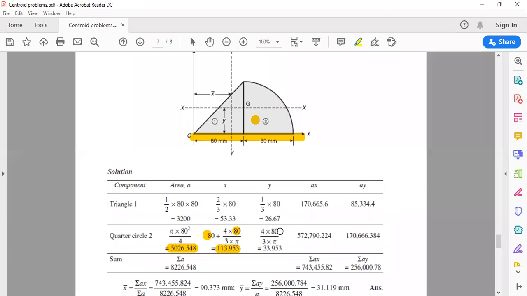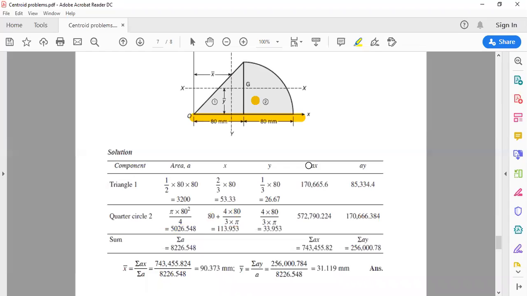So it is 4 into 80 divided by 3 pi, which is 33.953. Now next, you have to calculate area into x bar, area into y bar for triangle as well as semicircle.